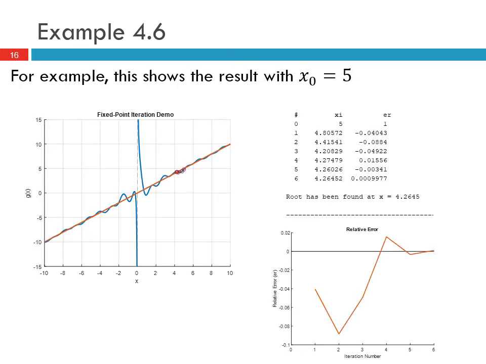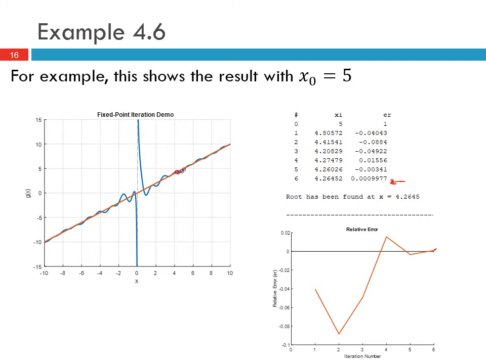So for example, using x0 equal to 5, this is the result here. You can see that the method converges in only a few iterations, and I found a root at 4.2645. And you can see what happens to the relative error: it oscillates only a tiny amount, and then it converges quite quickly.